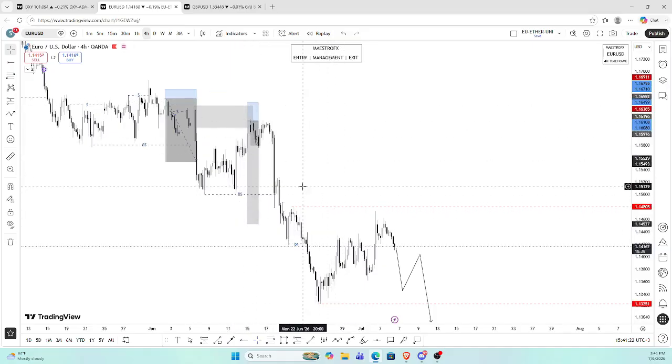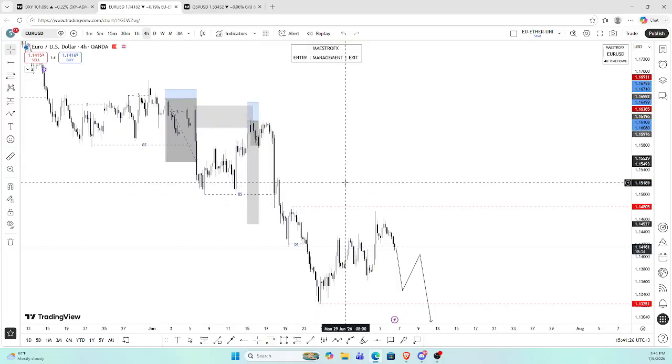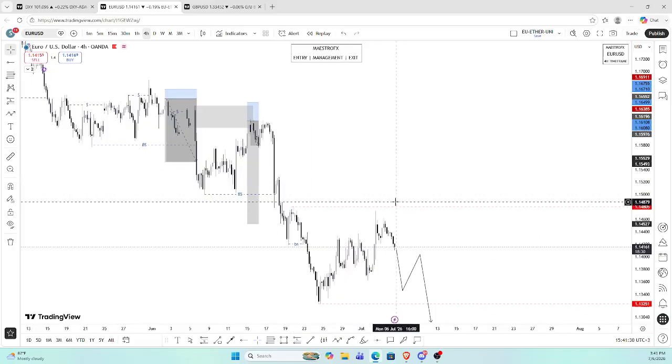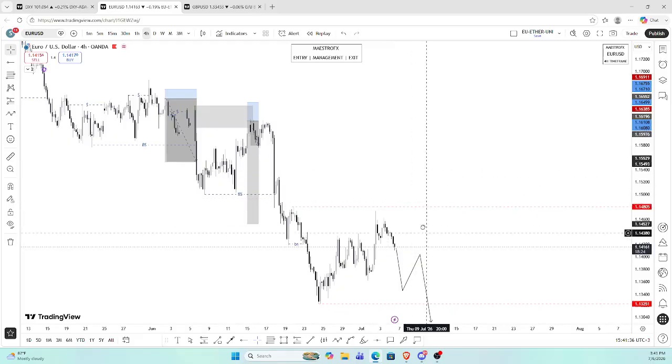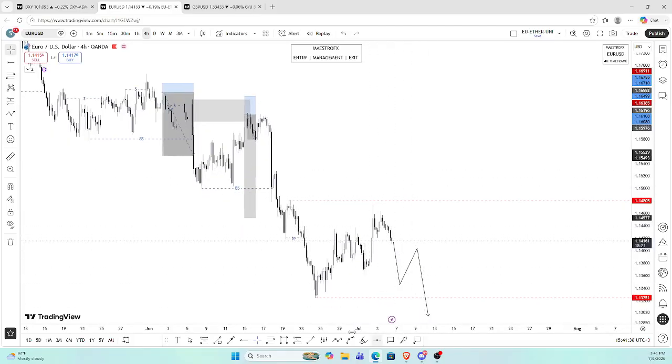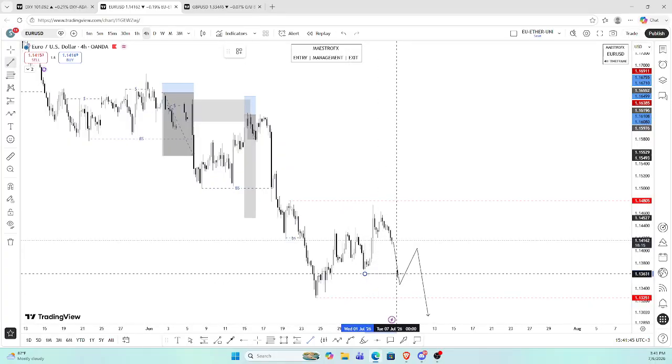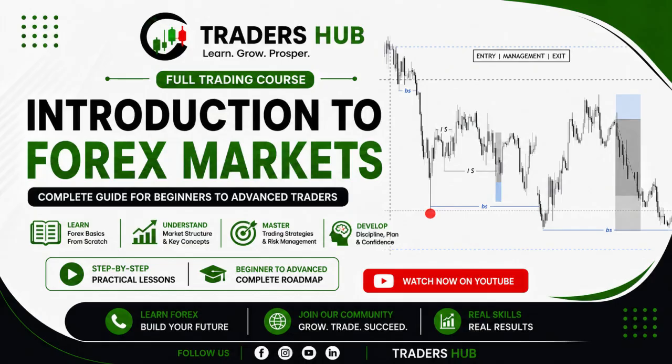And so you have to be very flexible and fluid, and that's why you are seeing me anticipating bullish movement and still anticipating short movement. Unless we break this and retrace, we are going to look to capitalize on the shorts opportunity.